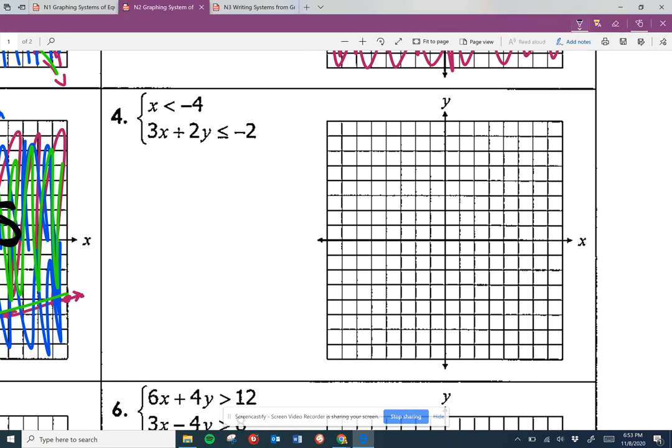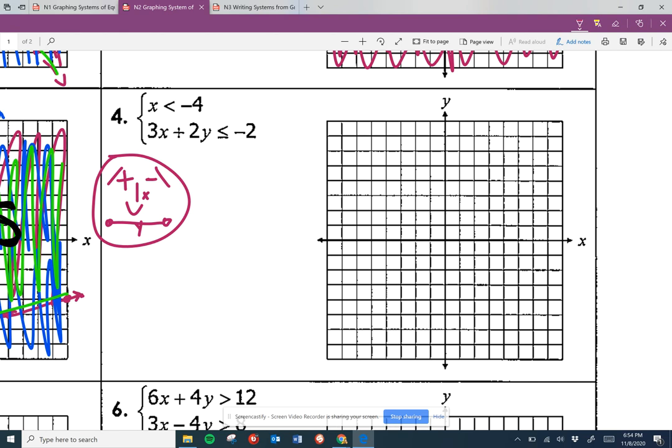So I make a dot here at negative 4, and I'm going to have a vertical line that goes through negative 4. Now, I did make a mistake because this is going to be a less than symbol, and since it's not equal to, I'm going to have to do my line dashed.